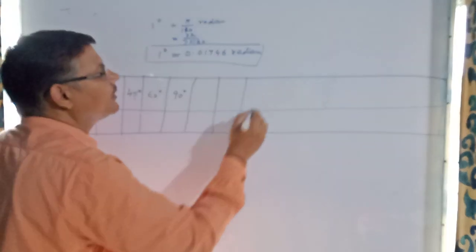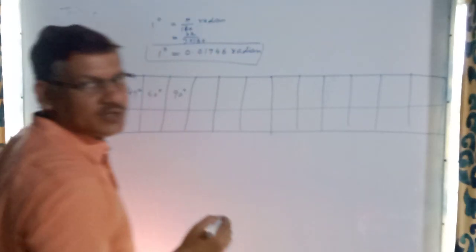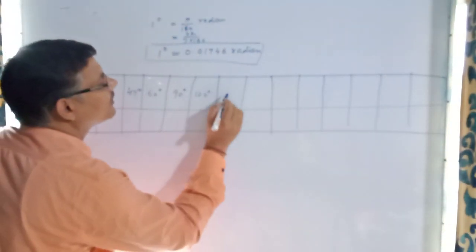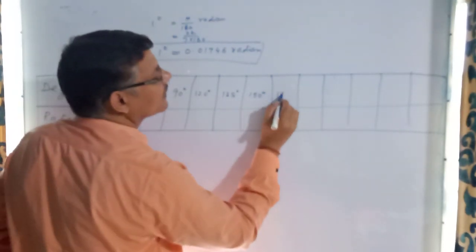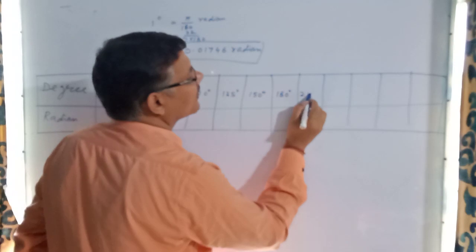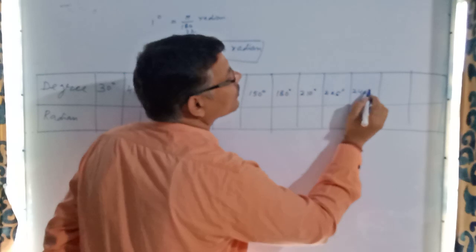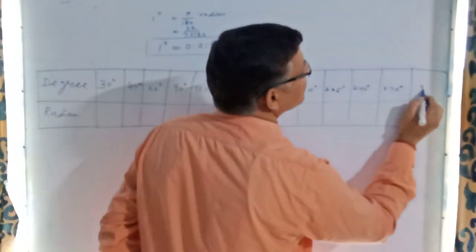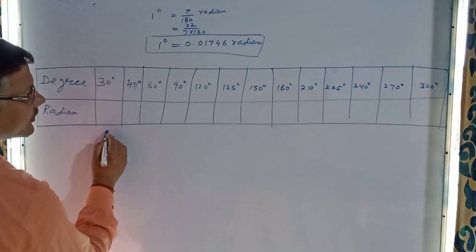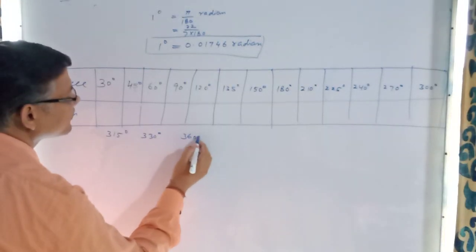Then after 90 we run in the same manner, first plus 30, then plus 15 and so on. It is 120, 135, again plus 15, 150, again 180. Same manner we get 210, 225, 240, 270, and 300 degree. And similarly I write here 315 degree, 330 degree, 360.